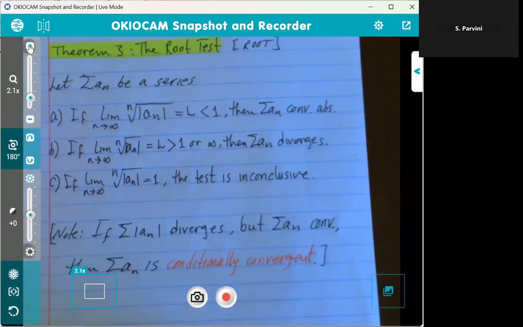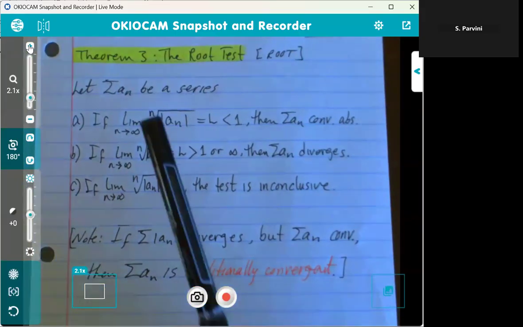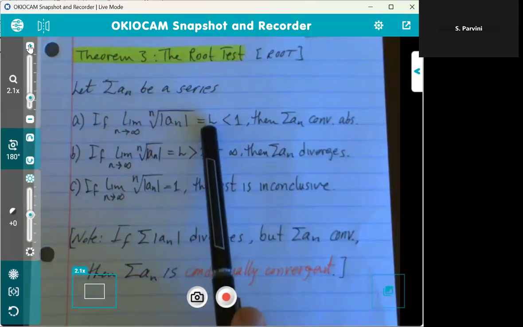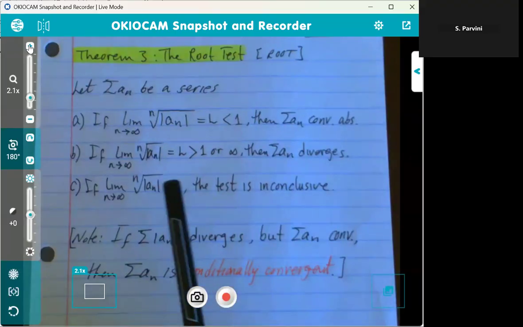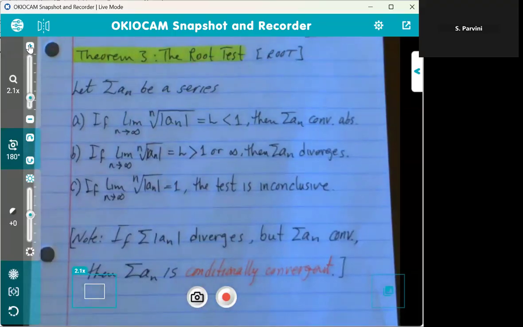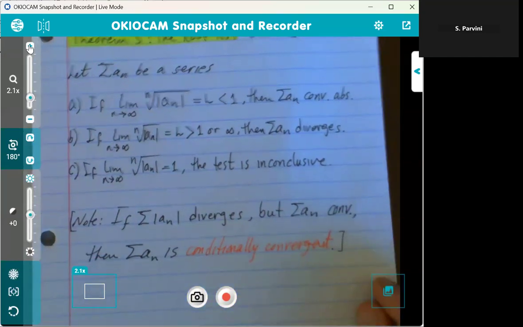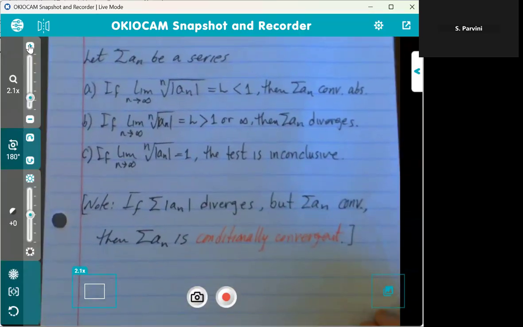Okay. And for this one, if the limit of the nth root of the absolute value of a_n is L, less than 1 converges, greater than 1 diverges, and equal to 1, just like the ratio test, this test is inconclusive. Again, we can fall back on these other tests that we've talked about, or other ones that you can search for on the internet and through published results.